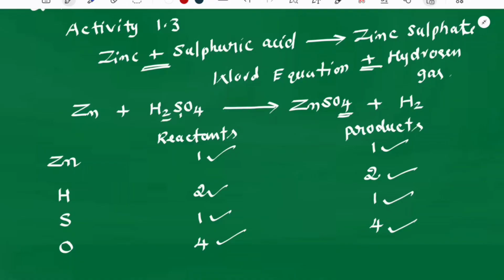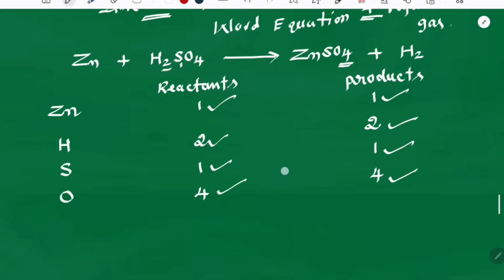Because according to the law of conservation of mass, the number of atoms present at the reactant side and at the product side are equal. Here both sides are equal, so this equation is balanced.